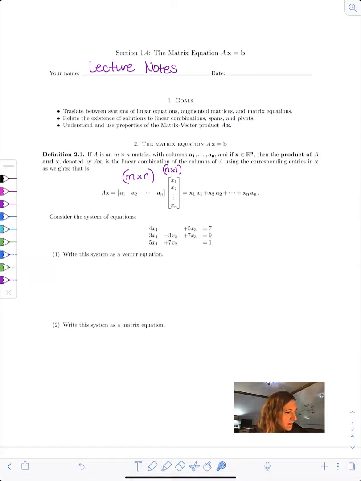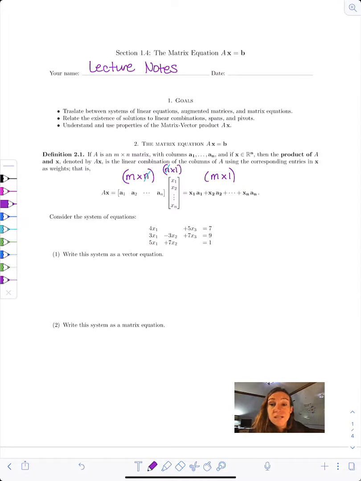And then these columns get absorbed, and in our result we get m by 1, because each of these vectors A1 is an m by 1 vector, and we're adding up a bunch of m by 1 vectors.